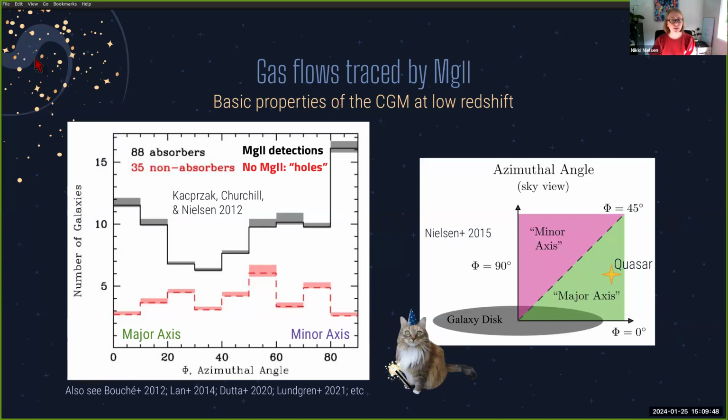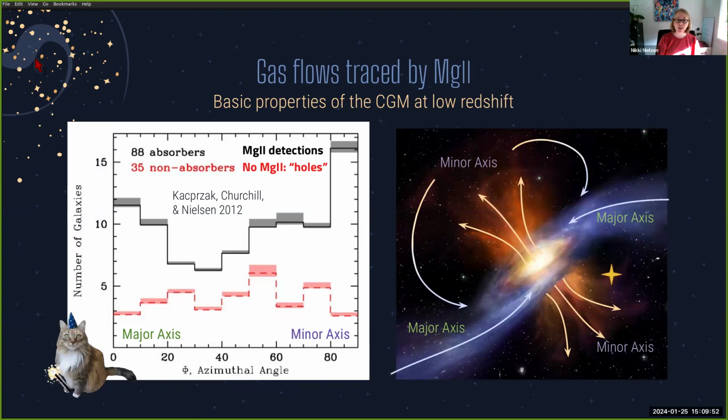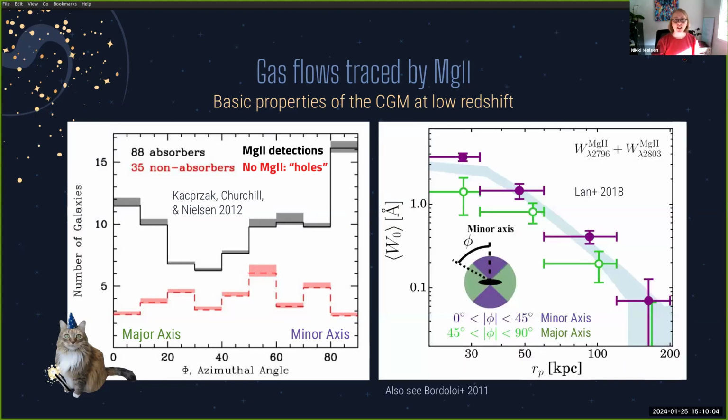So if we go back to this very simple illustration of the CGM I had at the beginning, we tend to associate this major axis gas with accretion and that minor axis gas with outflows. We can also go back to that absorption strength versus impact parameter plot and separate out the major and minor axis gas.